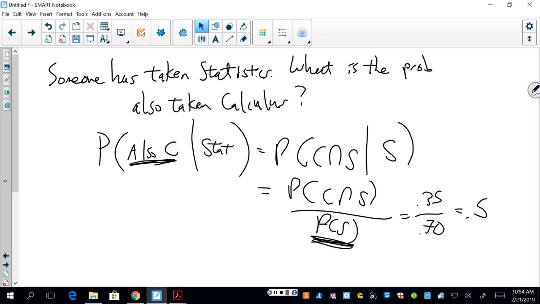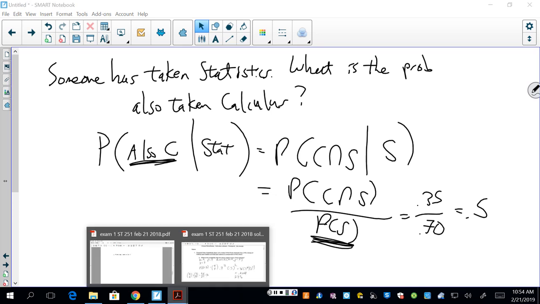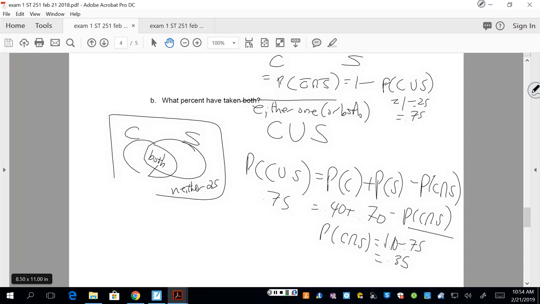Can you kind of explain that in terms of the Venn diagram? So that's within the statistics bubble, right? About what you're saying, about half of the people. Yeah, so this is all of statistics, right? So we had 70% that are over here. Well, what percent of those are both? Okay. So both is 35%.